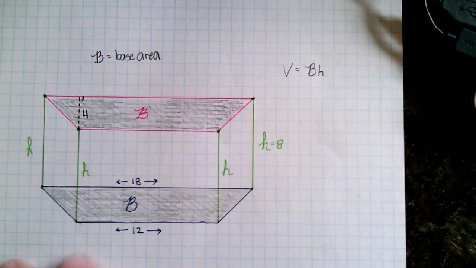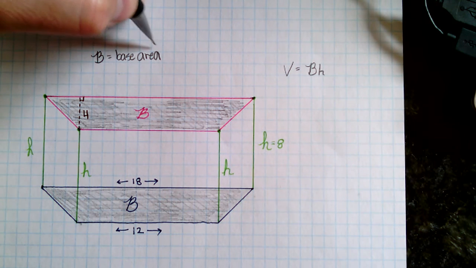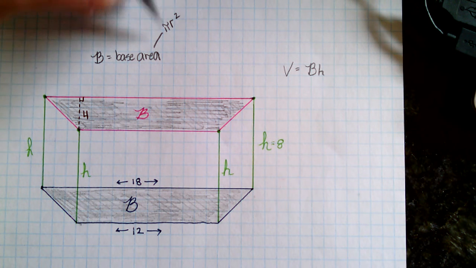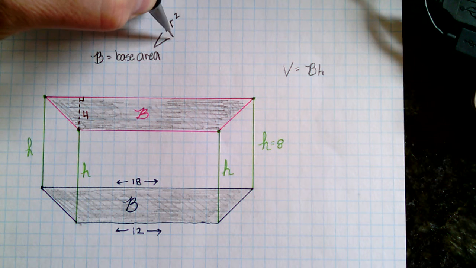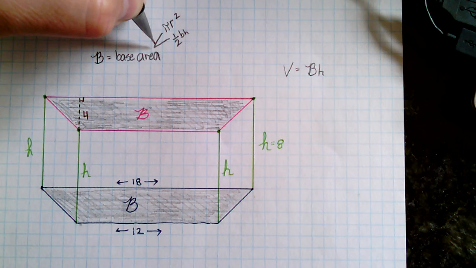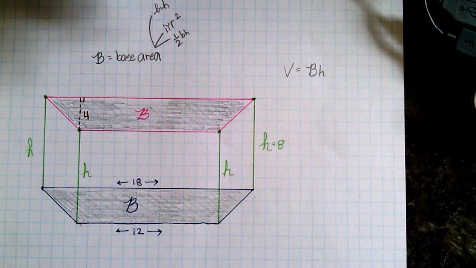So depending on the shape that we are looking at, in this case it's a trapezoid. If it was a circle, the base area formula would be pi r squared. If it was a triangular prism, it would be 1/2 of the base times the height. If it was, let's say, a rectangle, it would be base times height.